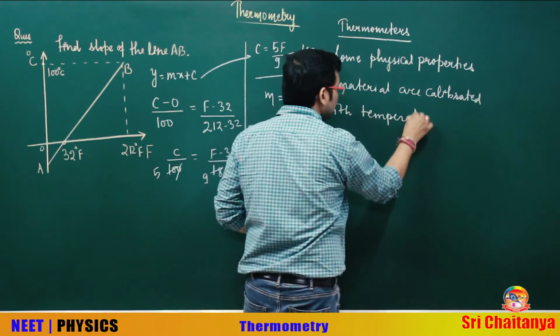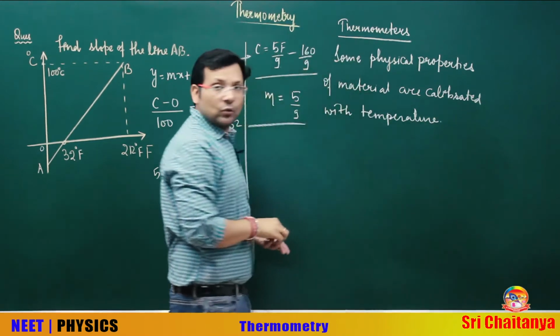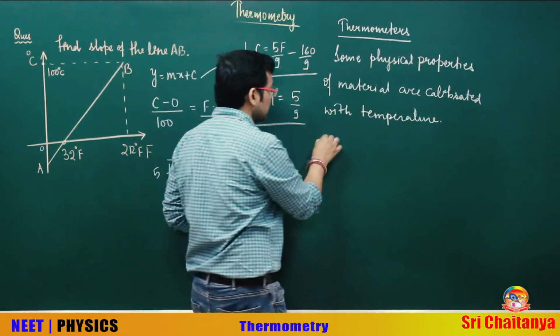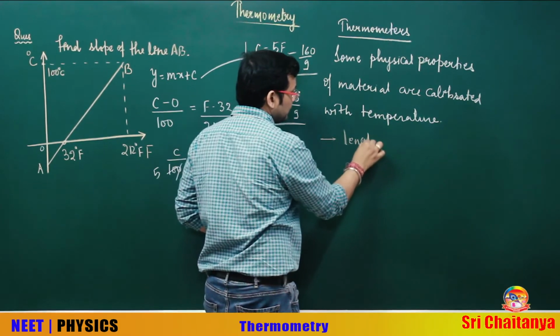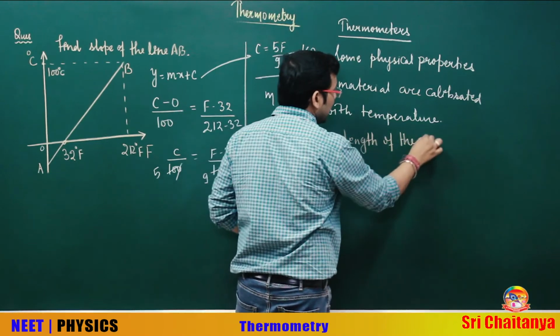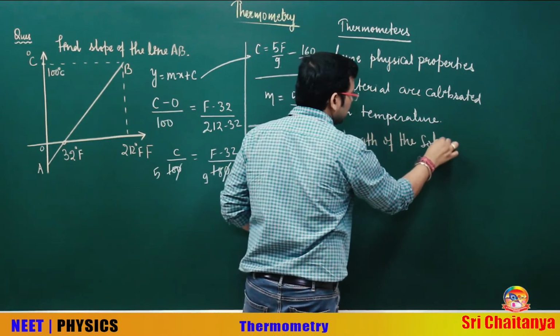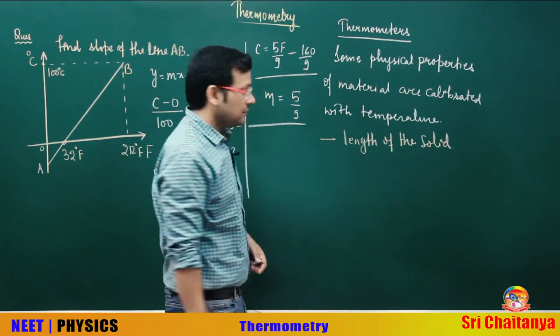Some of the known physical properties are, we can say, the length of the solid, and where do we use that? That we generally use in the mercury thermometer.